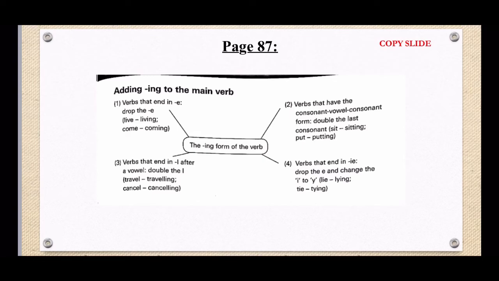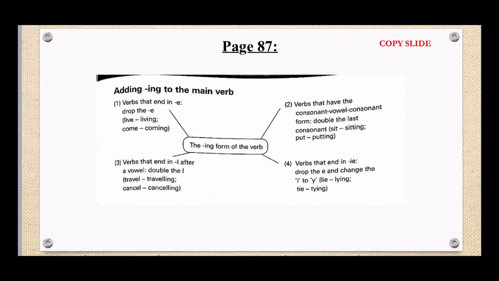You can see we added another L because there was a vowel before the L. Next one, cancel. Once again, we add another L because the vowel E was before L. So we have double L. Travel becomes traveling. Cancel becomes cancelling.